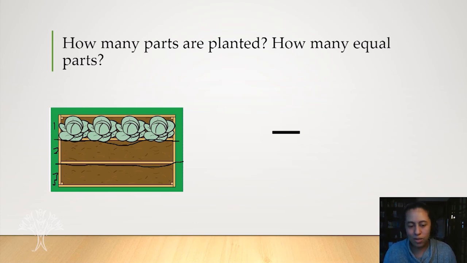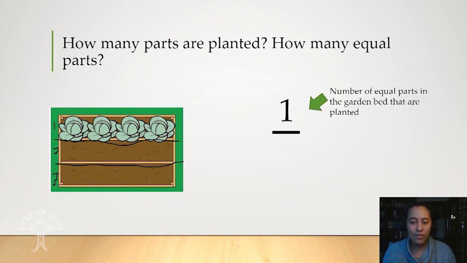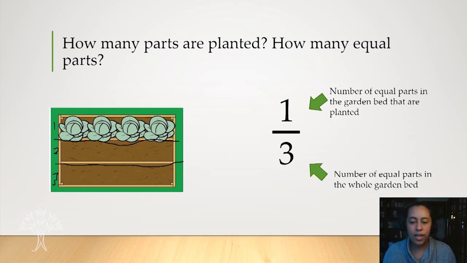I only see plants, the cabbages, in one of the parts. So I would say 1 is the number of equal parts in the garden bed that are planted, and 3 is the number of equal parts in the whole garden bed. So the garden bed is 1/3 planted. 1 out of 3 of the parts has plants in it.